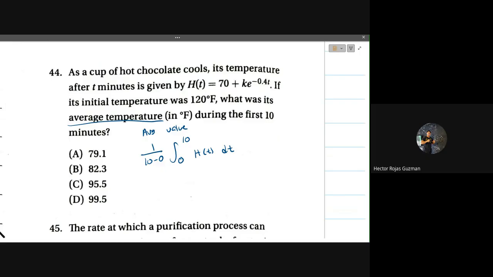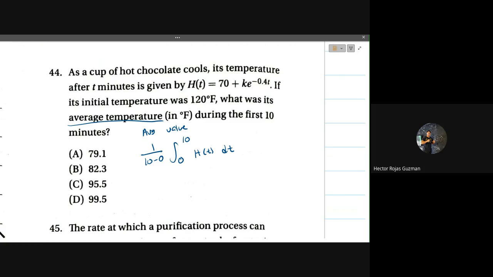As a cup of hot chocolate cools, the temperature is given by h. The initial temperature. No, that was just to throw you off. Oh, wait. I see that we don't have a complete equation.